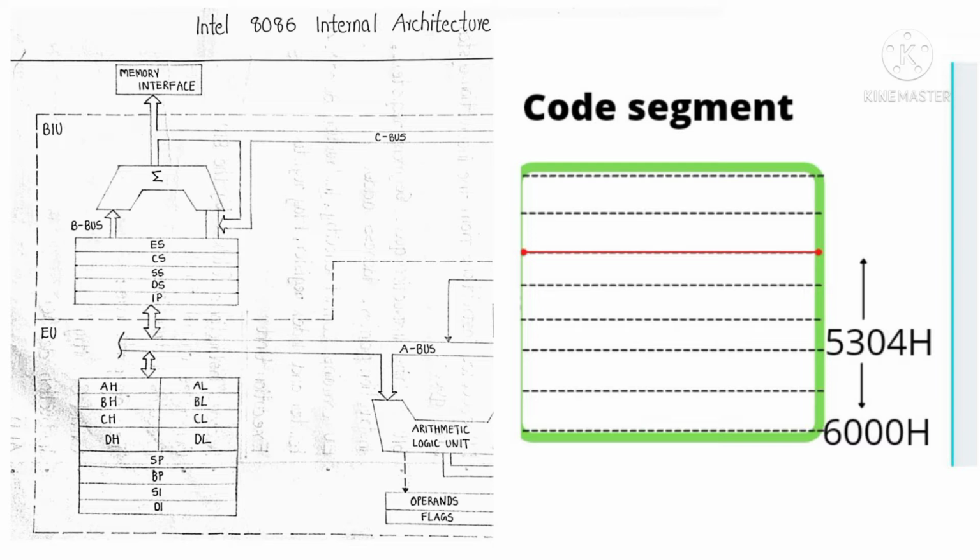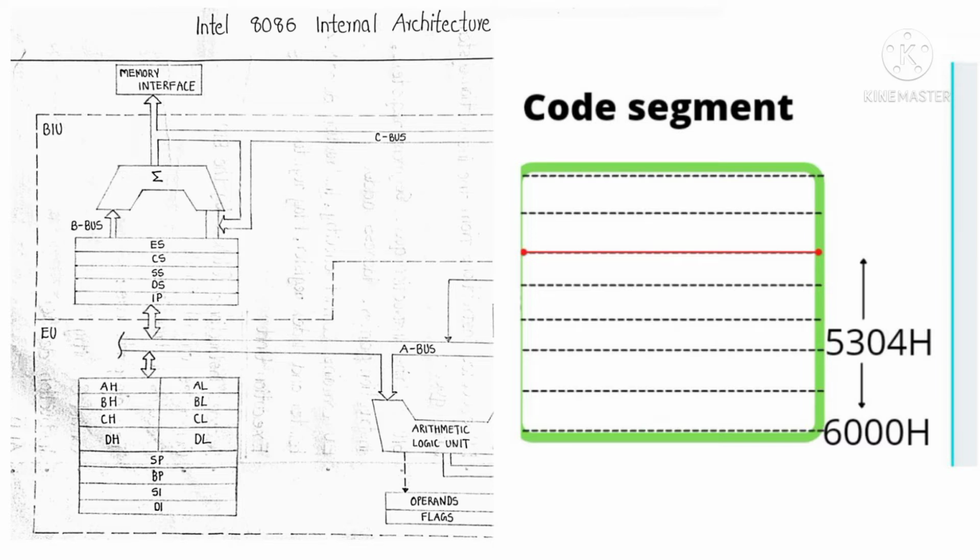The code segment register will store the base address of the code segment, and similarly the base address of the data segment will be stored in the data segment register, the base address of the stack segment will be stored in the stack segment register, and the base address of the extra segment will be stored in the extra segment register.